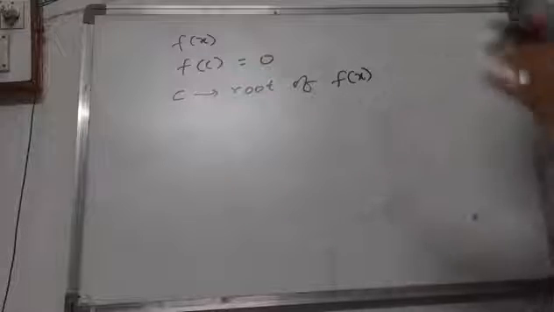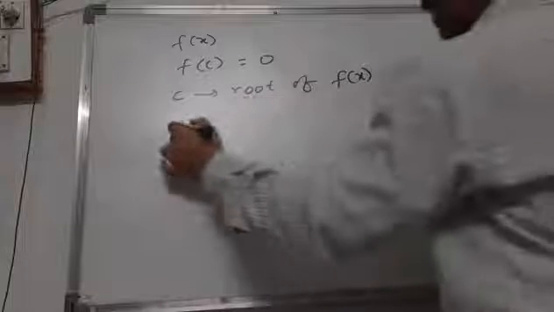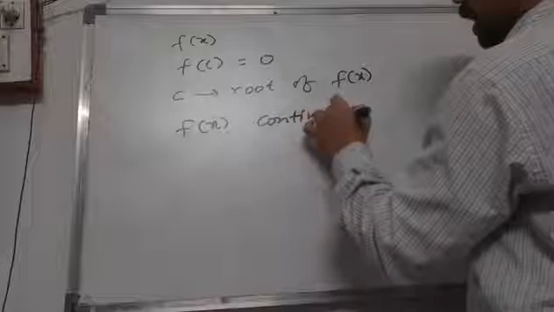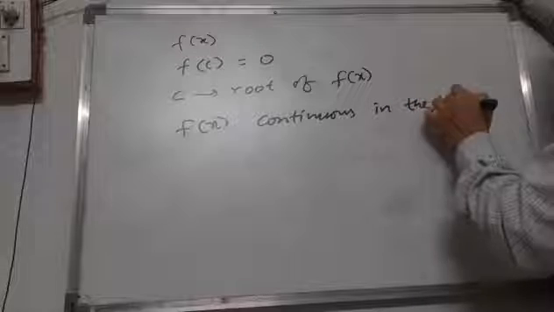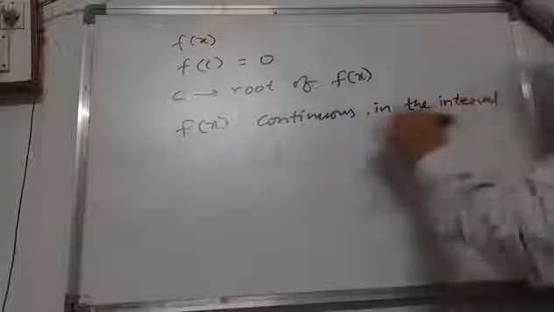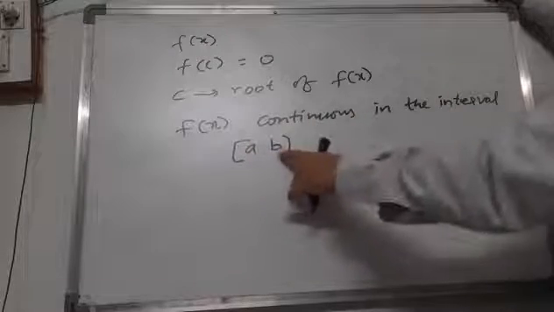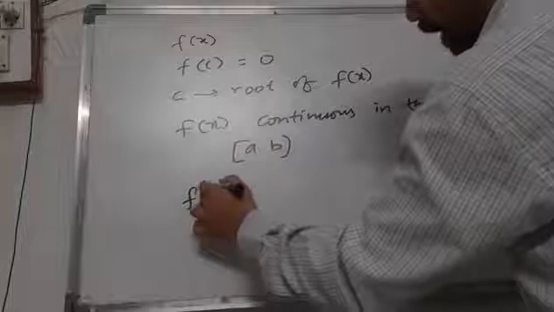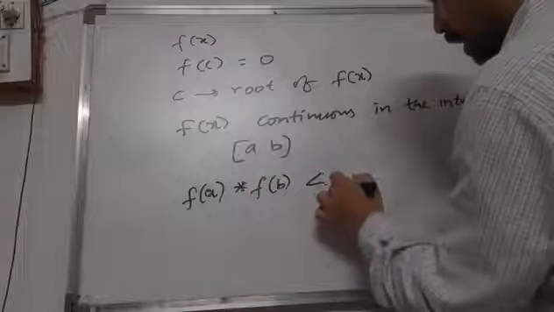If it is not equal to 0 at some c, then we have to choose two different values, where f of x is continuous in the closed interval a and b, such that f of a multiplied with f of b is less than 0.